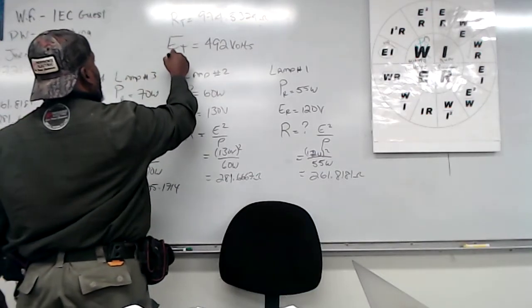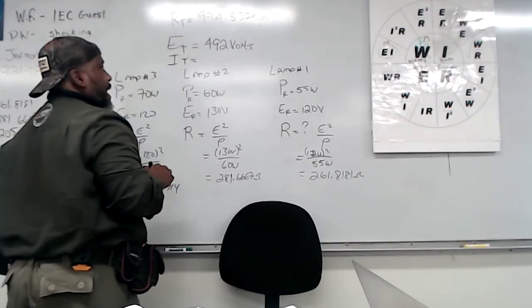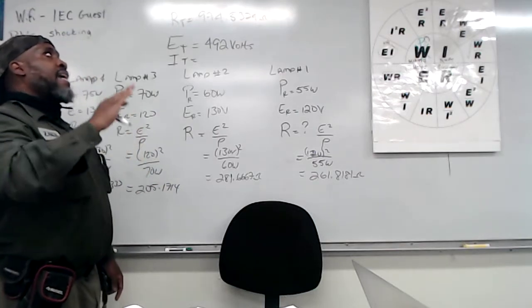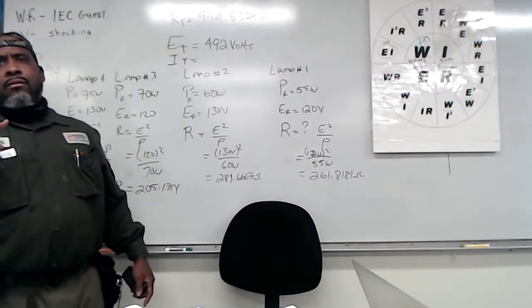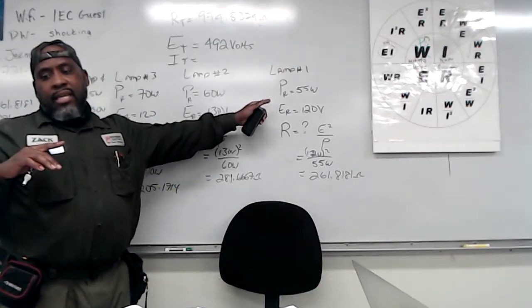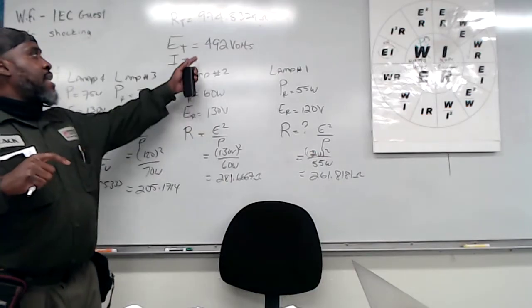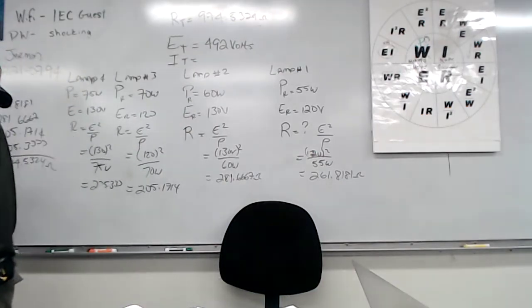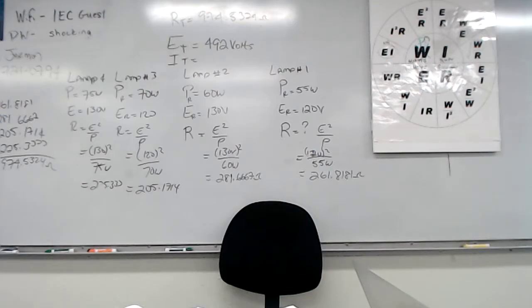I gotta find IT now, right? Because I can't do anything with just resistance. I can't do anything with just the voltage, can I? Can I solve for E any other way without finding IT? I can't, can I? I don't have no variables, do I? So what do I need to do? Solve for I.